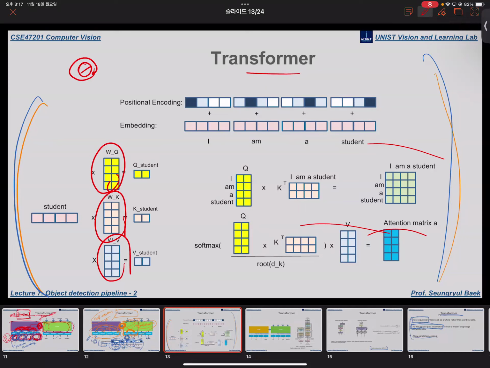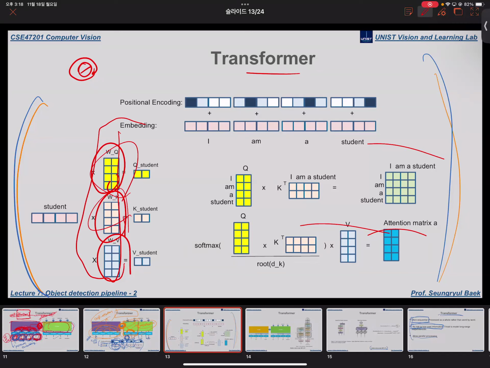In a CNN, for example, the filter coefficients for the convolutional layer were the parameter vector, right? In the transformer, these matrices, which transform the input to key, query, and value, these weights are the parameters we will learn.